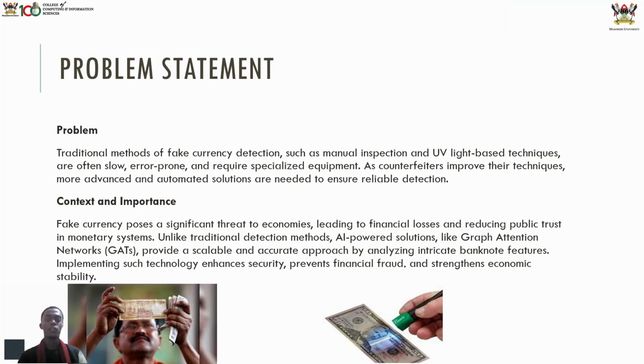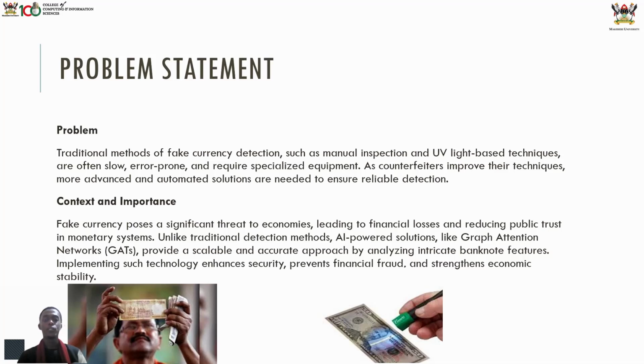But with emerging technologies, we have seen that counterfeiters have improved their techniques and come up with more advanced and sophisticated forgeries. And this has created the need for an advanced and automated solution to ensure reliable fake currency node detection. So fake currency has posed a significant threat to economies, leading to financial losses, and of course reducing public trust in monetary systems.